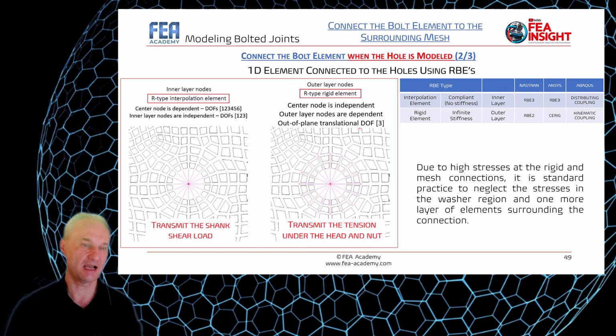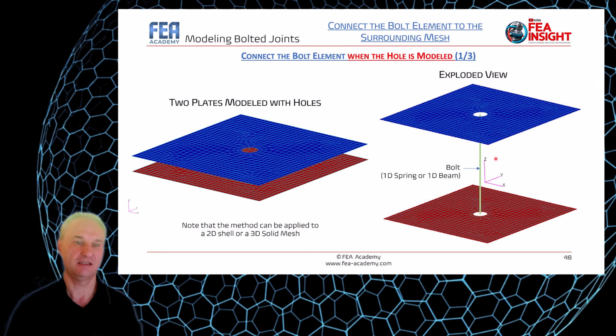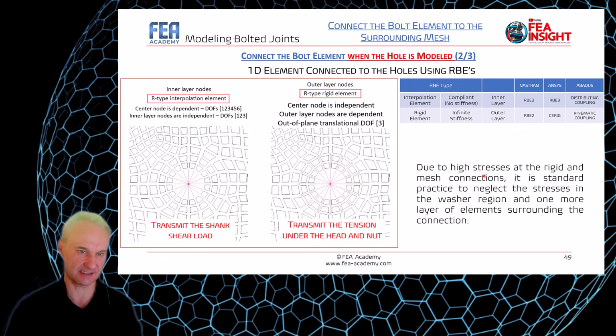Here I name it 3 because, if you come back here, the orientation of the joint is like that. The shear plane is the XY plane, and the axial axis is the Z axis. So that is the reason why, in my case, the out-of-plane translational degree of freedom is degree of freedom number 3.